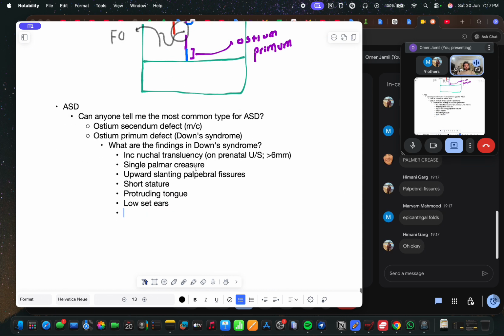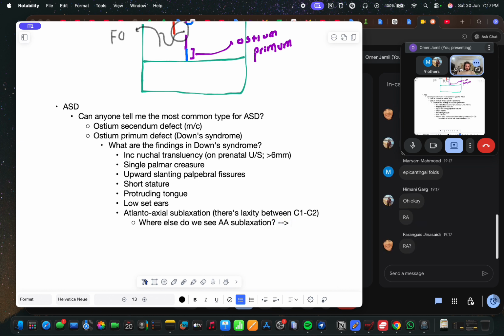And then if you go down to the organ systems, the first one that's going to be happening in the neck is atlantoaxial subluxation. Basically there's laxity between C1 and C2, and where else do we see atlantoaxial subluxation? Anyone? Very high yield point, rheumatoid arthritis.